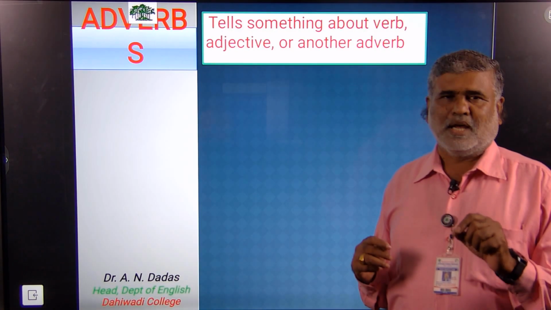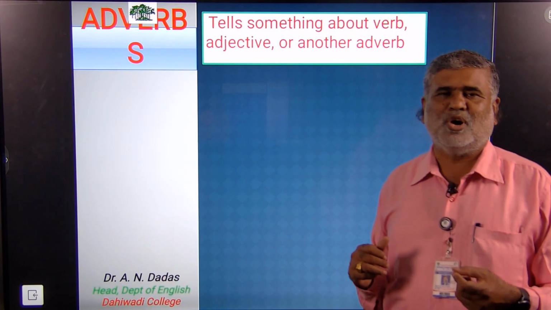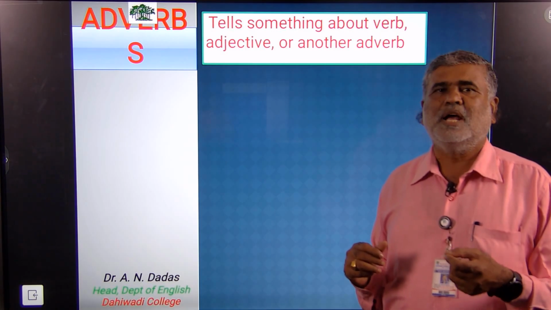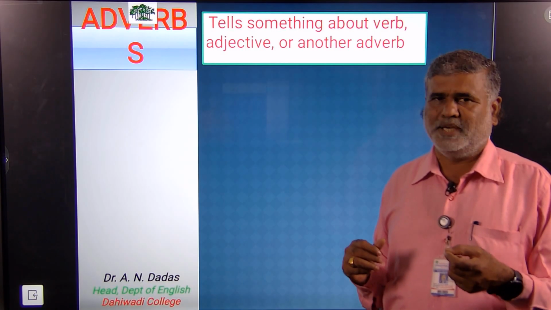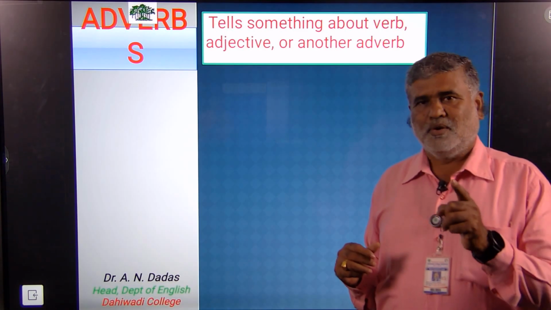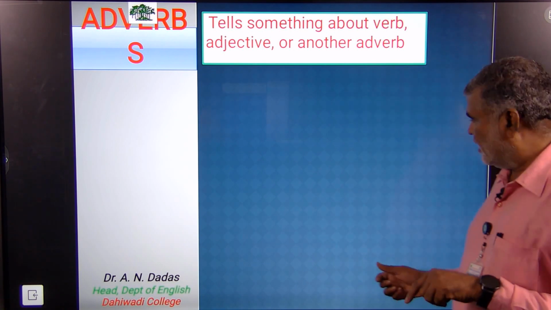They say adverb is a word which gives us information about verb or adjective only. Most of the books have the definition. Adverbs are the words, they give more information about adjectives only. No, verb, adjective and another adverb also.